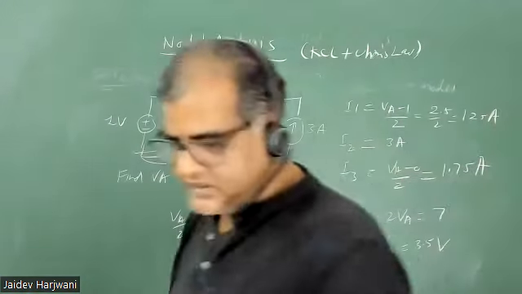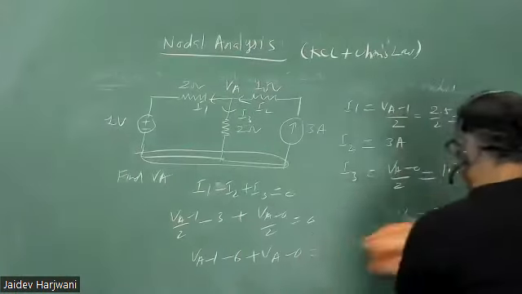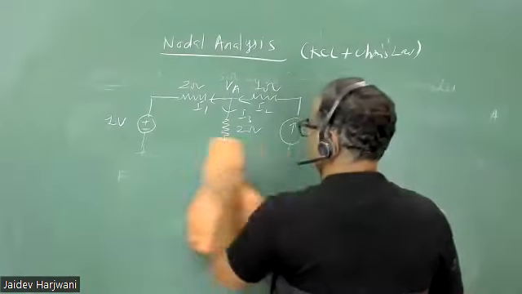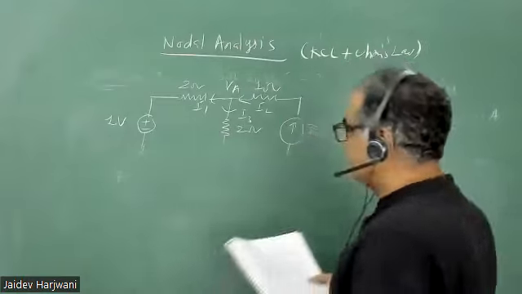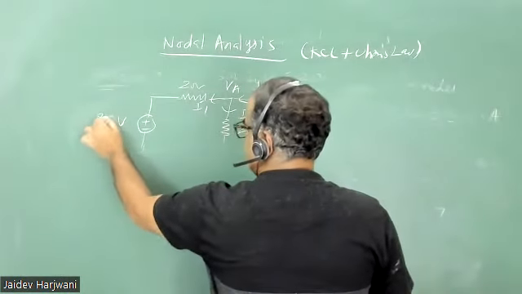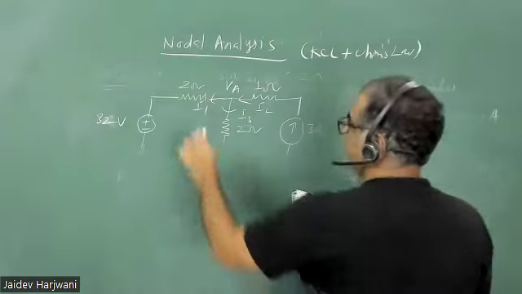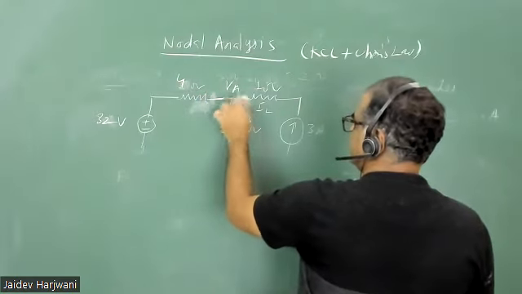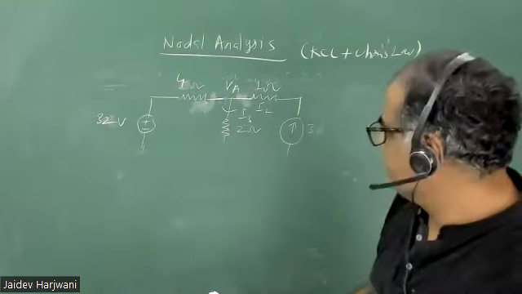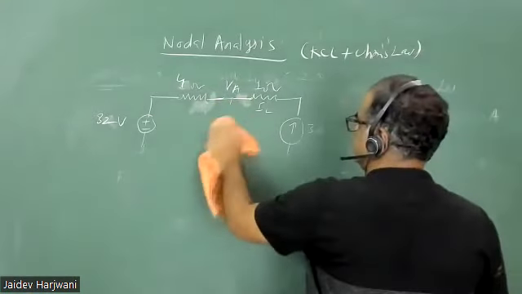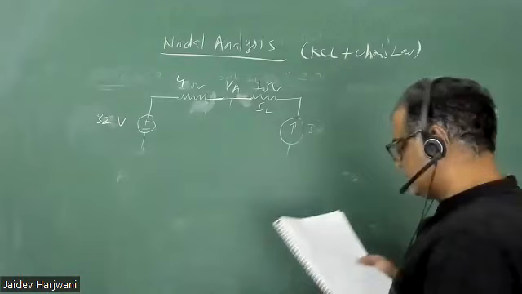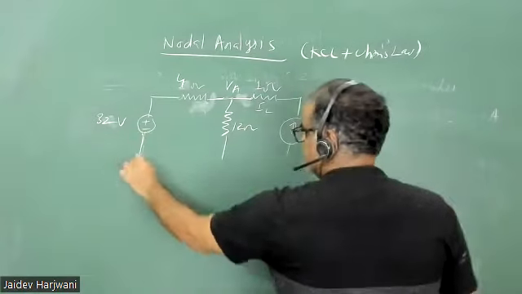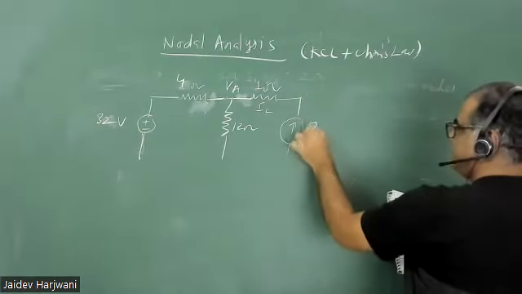Let me do one question where we have two unknown voltages. Before that, just write one homework. You have 32 volts, and this is 4 ohm, 4 ohms, 12 ohm, and this current is given as 2 ampere.